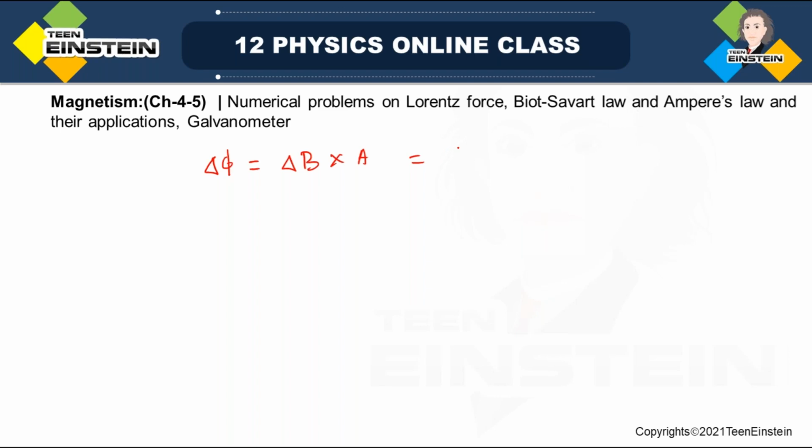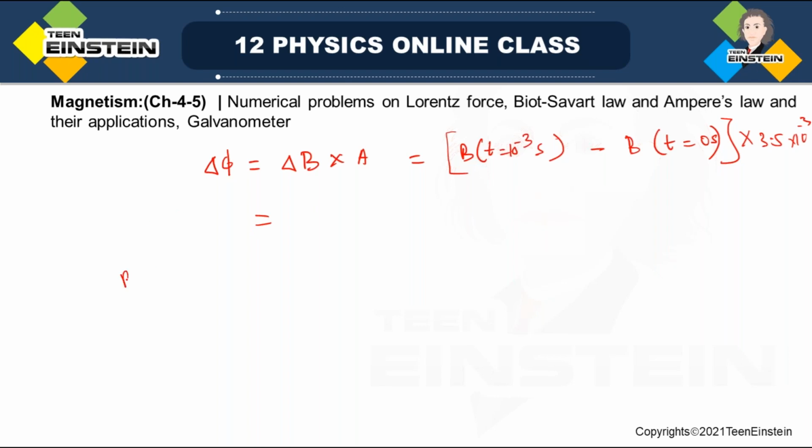And this delta B, the change in the magnetic field, will be B when t is equal to 10 to the power minus 3 second, minus B when t is equal to 0 second. So this is delta B, the change in the magnetic field, and the area is 3.5 into 10 to the power minus 3. This is the flux.